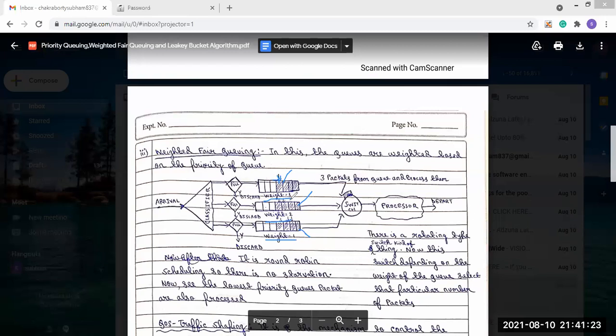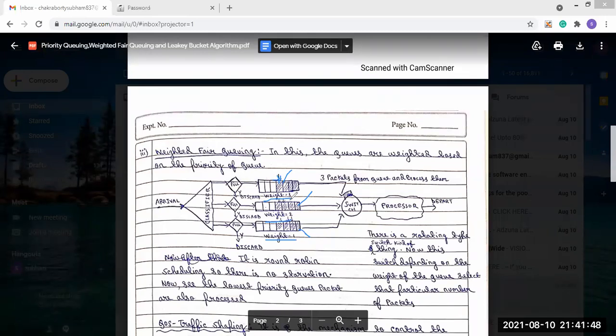Then the switch rolls over and comes to the second queue. In the second queue, the weight is 2. That means 2 packets will be chosen from that queue. The switch chooses 2 packets and passes them to the processor. The processor processes them, and they depart from there.